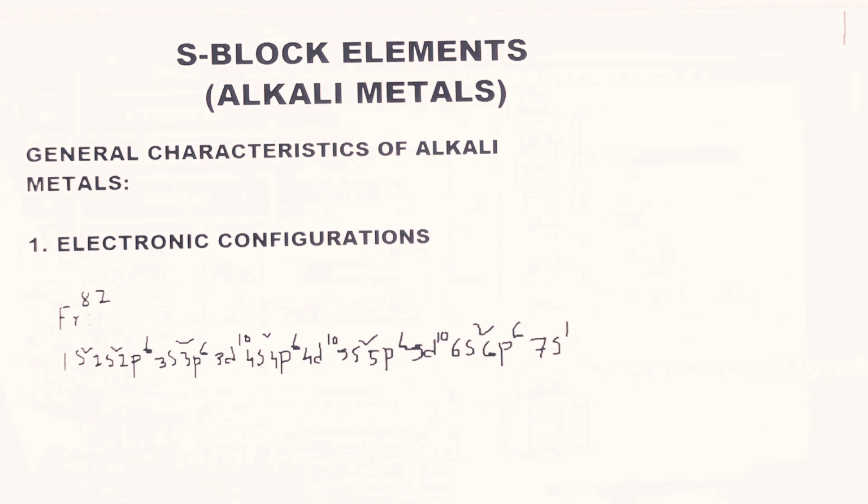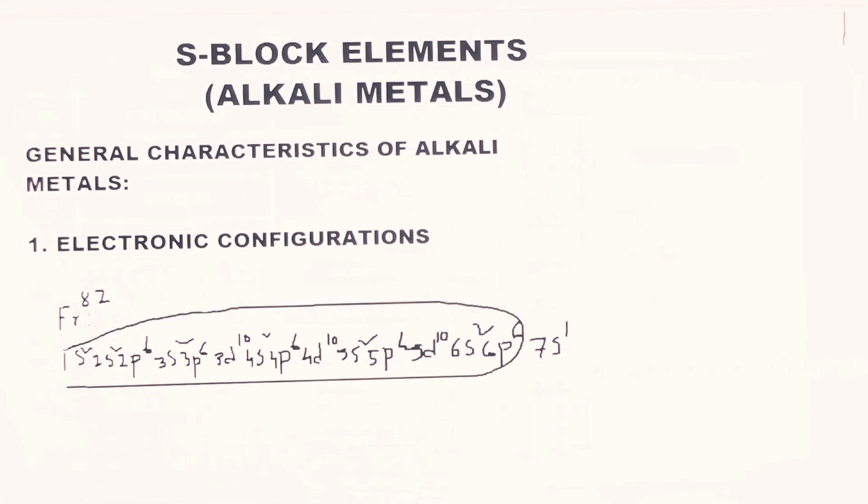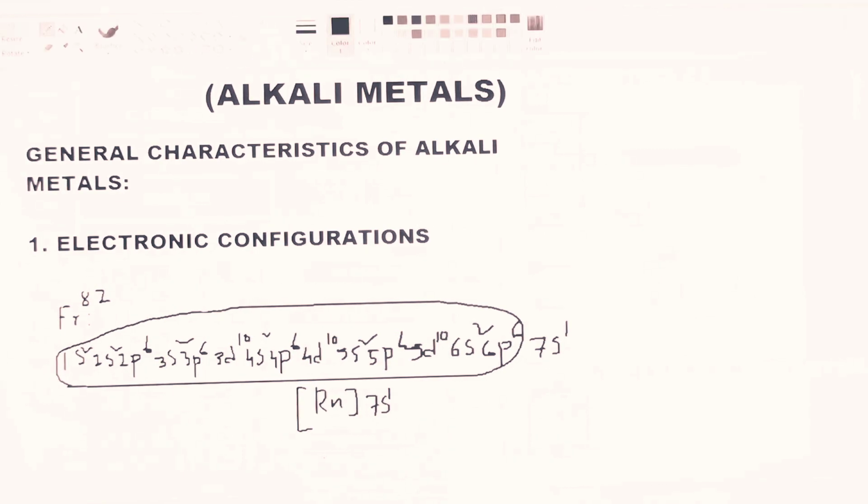This is the electronic configuration of radon, so radon 7s1. So the general electronic configuration is noble gas configuration followed by ns1. Clear?